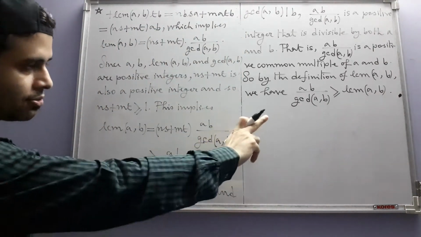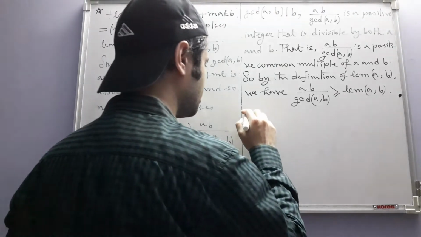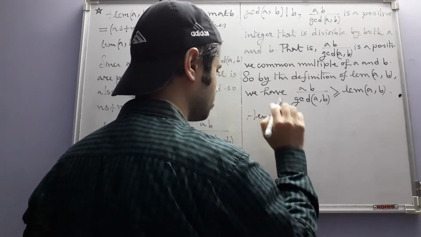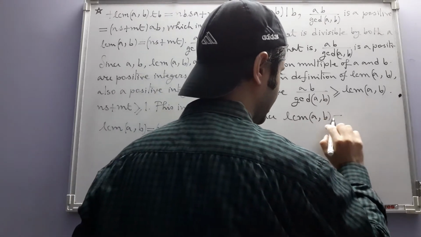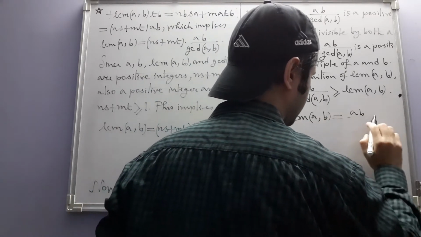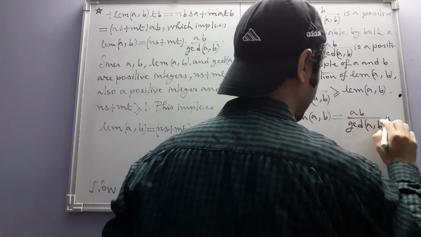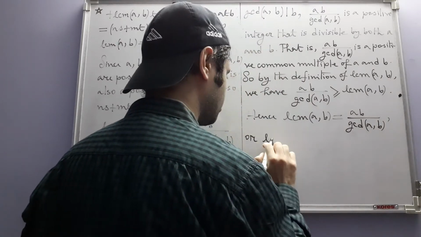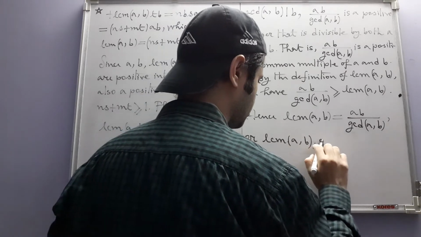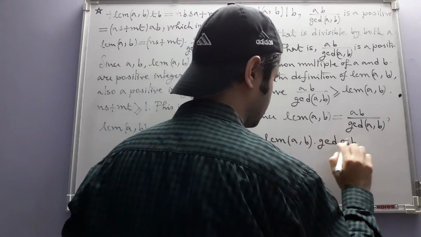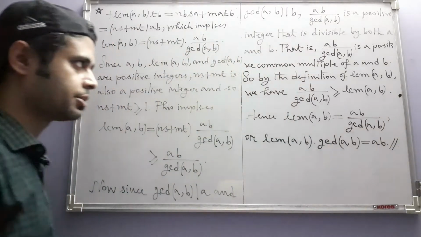Now you look at these two inequalities, from these two inequalities we get equality, hence LCM of a and b is actually equal to ab divided by GCD of a and b, and this completes the solution.